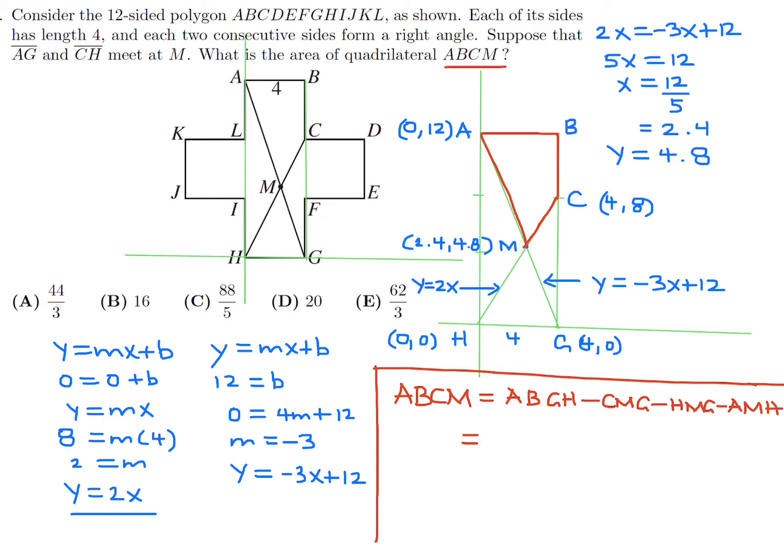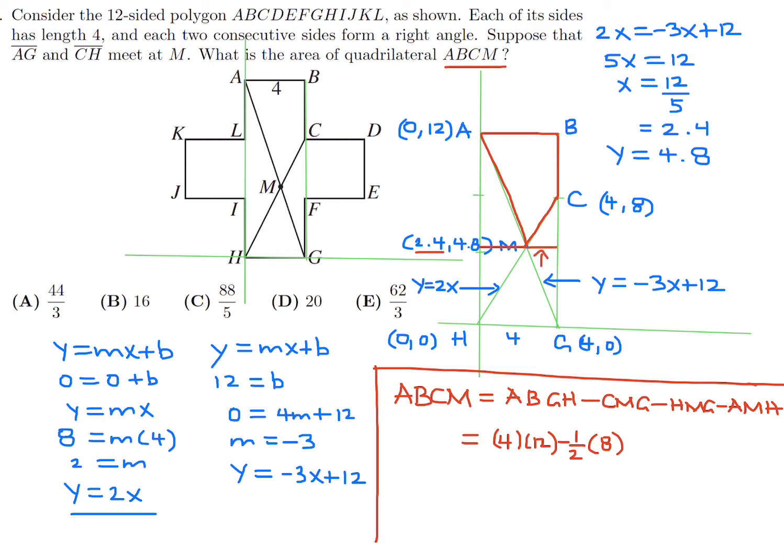All right, here we go. ABGH is just length times width, so that's going to be 4 times 12. Correct? Minus CMG, 1/2 base times height. The base is going to be 8, and the height is going to be from there to there. Well, M has an x-coordinate of 2.4, so from here to here is 2.4.